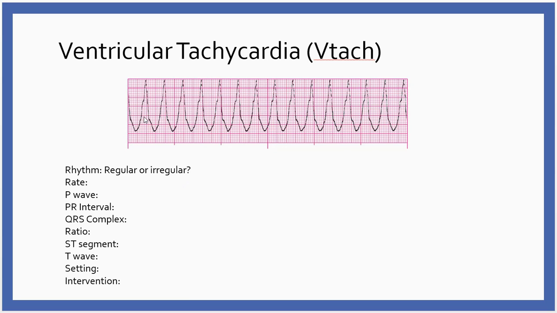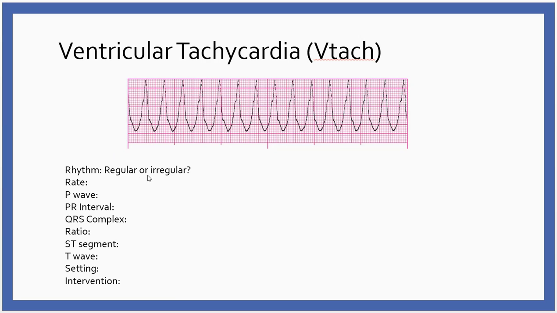QRS complex is wide and bizarre. And with VTAC, like the PVCs, the QRS needs to be 0.12 or greater. And then we've got the wonky T wave that is of opposite polarity, and usually like this, kind of tall and tenty. You can't really measure, we don't measure a QT interval on VTAC. So what do we do with this?